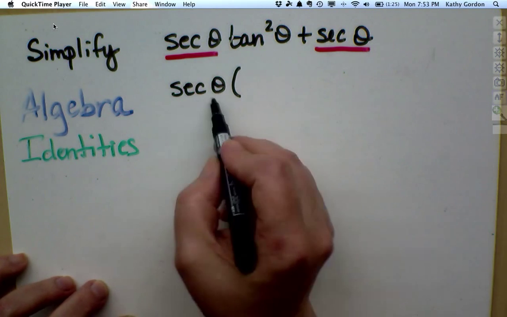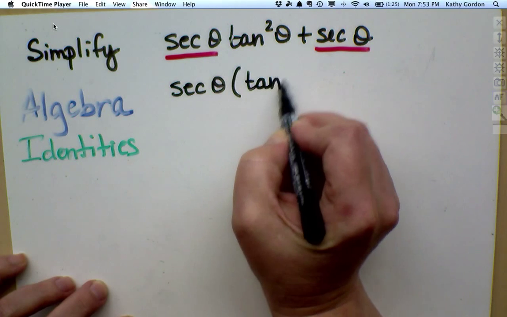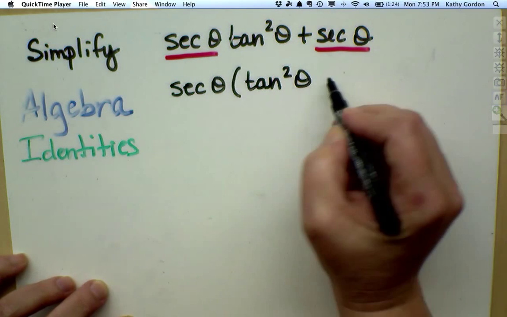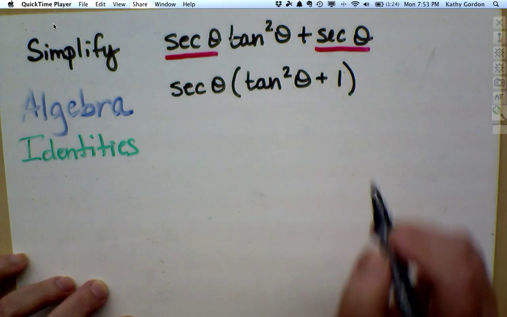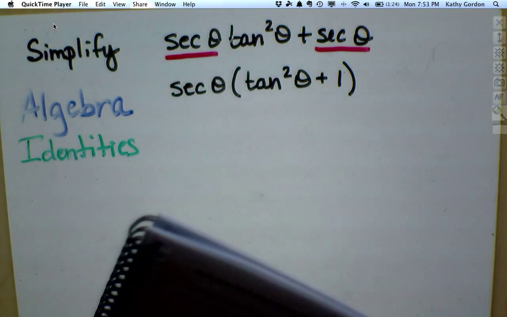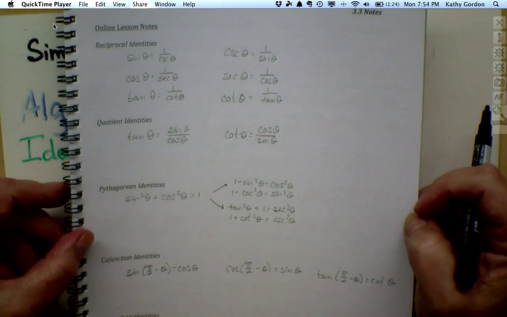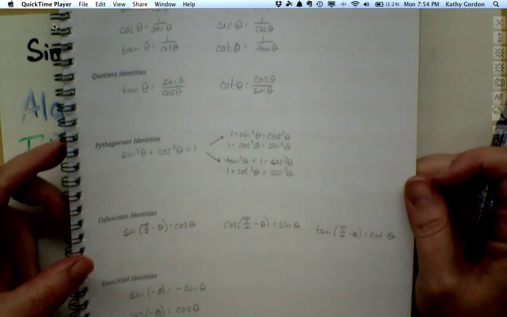So if I factor out a secant of theta, that leaves me with tangent squared theta plus 1. So the question is, was that helpful? Was it helpful to me to factor out secant theta? Well, one of the things I can do is go to my list of identities and take a look to see, is there anything in my list that looks like I could use it for the next step?